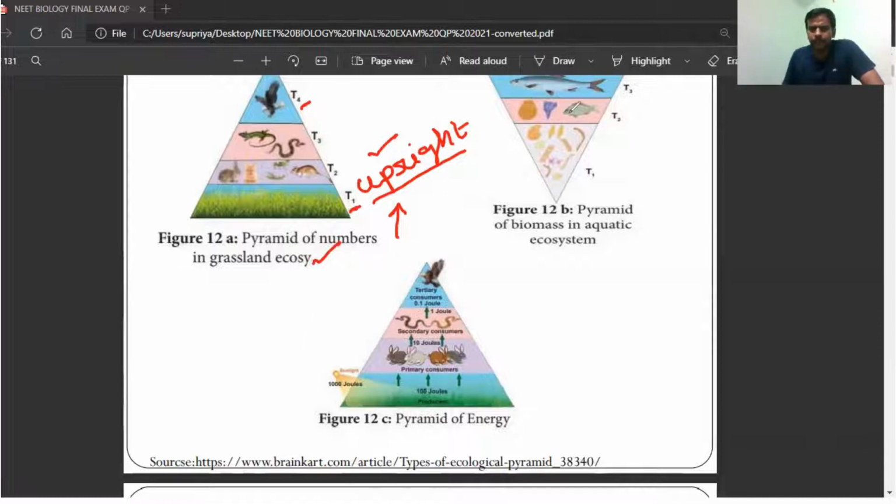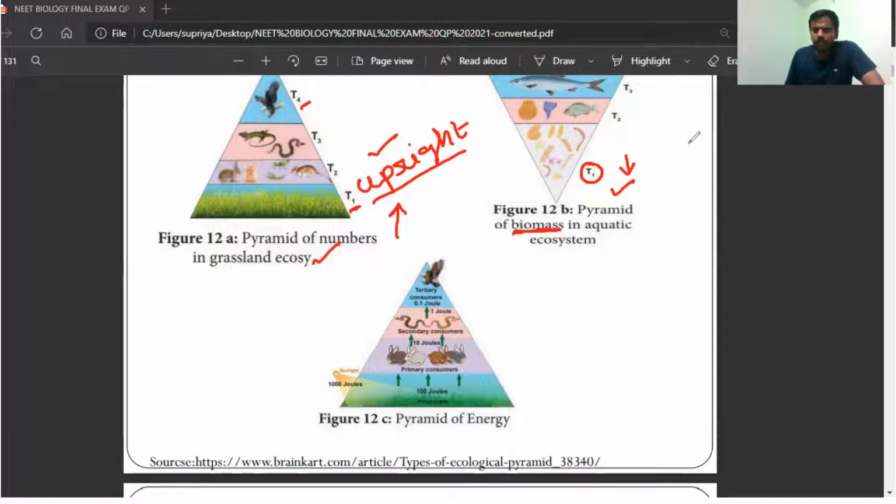Now see the pyramid of biomass in an aquatic ecosystem. Aquatic ecosystem means oceans, sea, ponds, lakes, whatever the aquatic body may be. Biomass means the weight of a particular trophic level. Now see, students, in T1, the biomass is less compared to the upper trophic levels, where the biomass is more.